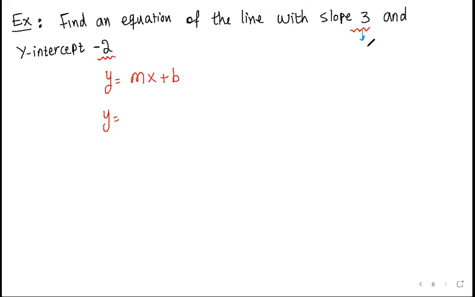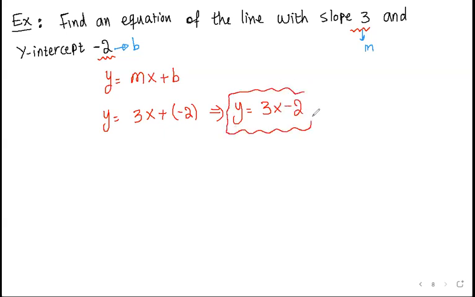So this is my m, this is my b. So mx is 3x, plus -2 from the formula, we get y equal 3x -2. Okay, just plug inside the formula.